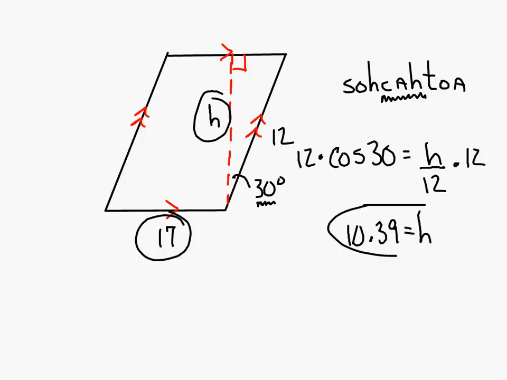So now your area is equal to base times height. 17 is your base, and 10.39 is your height. So sine, cosine, tangent you may have to use to find a height. Pythagorean theorem you may have to use to find a height.